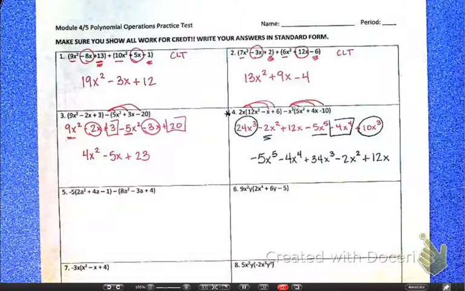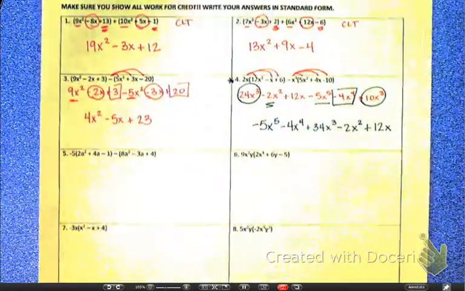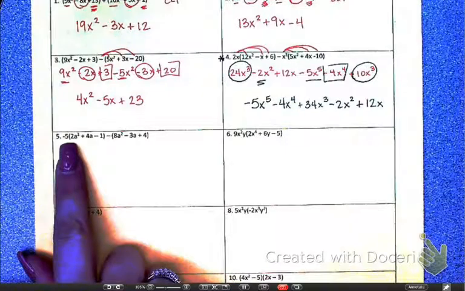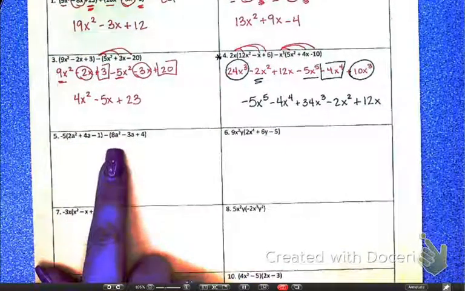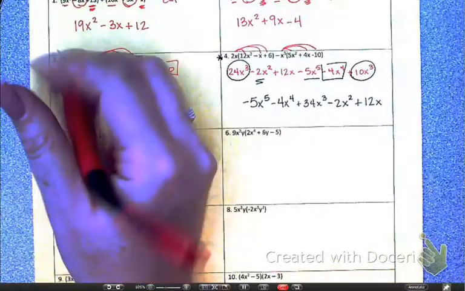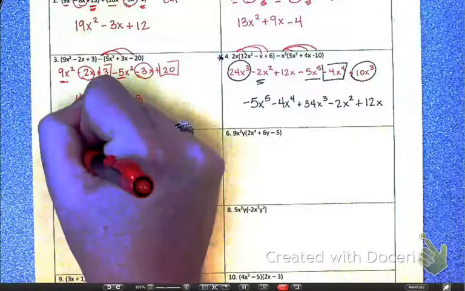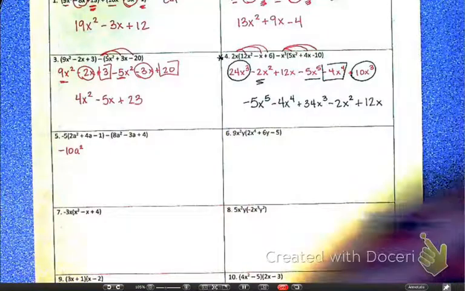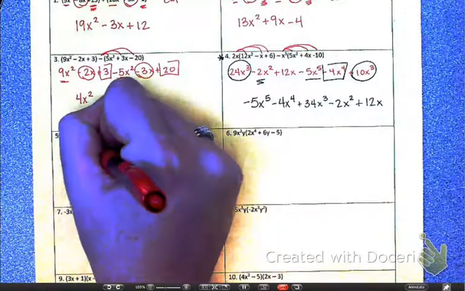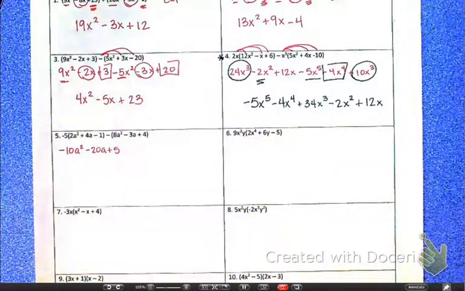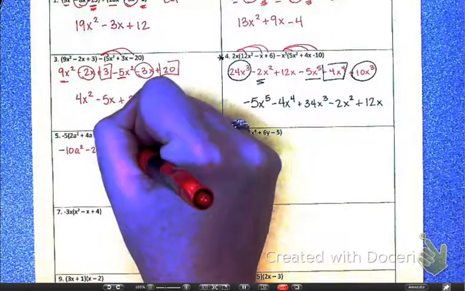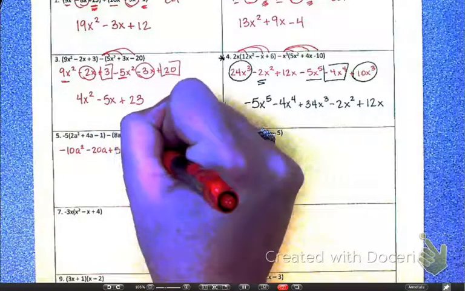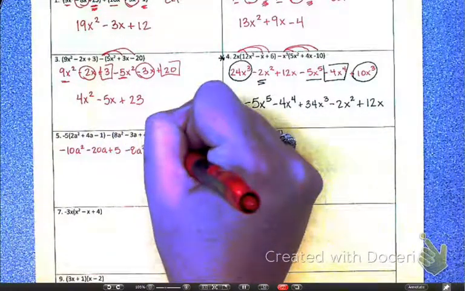We got that? Okay. Number 5, I see a distribution, and then technically 2, right? I have a negative 5 I have to distribute and a negative 1. So if I distribute a negative 5, negative 10a squared minus 20a plus 5 is that first set of parentheses. And when I distribute a negative in the second set, I get a negative 8a squared plus 3a minus 4.